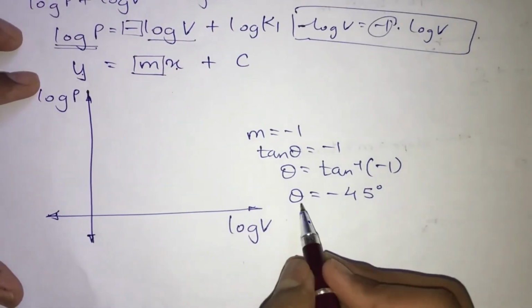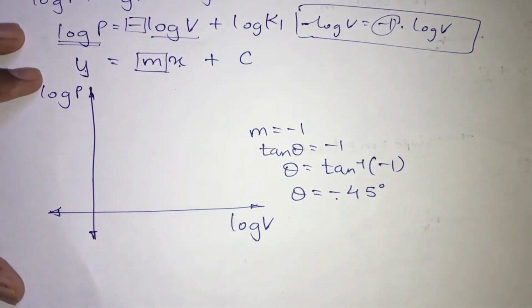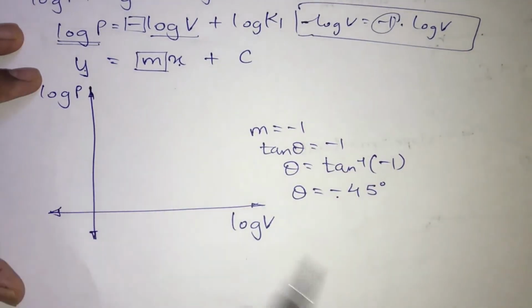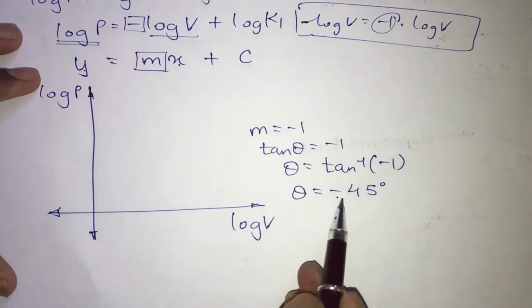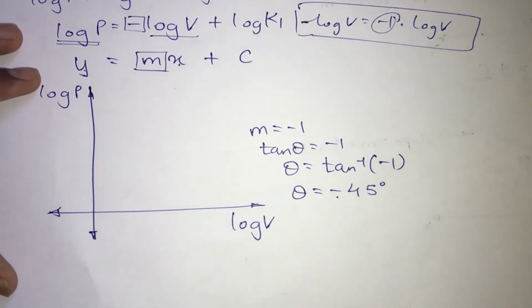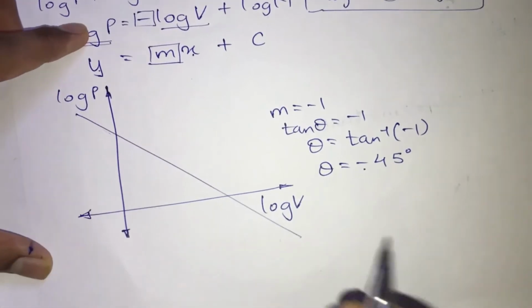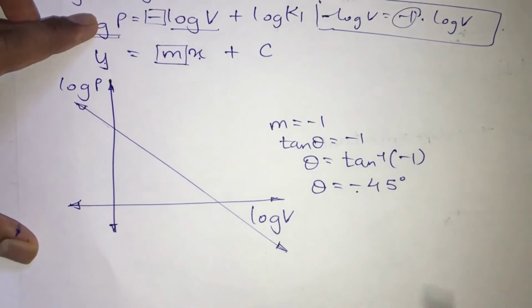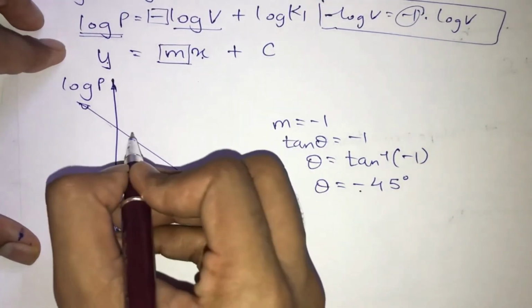Now since the value of this theta is -45 degree, your line is not going to go up, your line is going to go down, because your theta is -45 over here. Okay, so I will just draw a line over here. So this is the line which we get. Now how we are going to show this -45 degree?